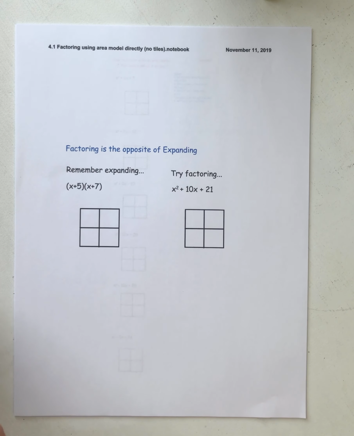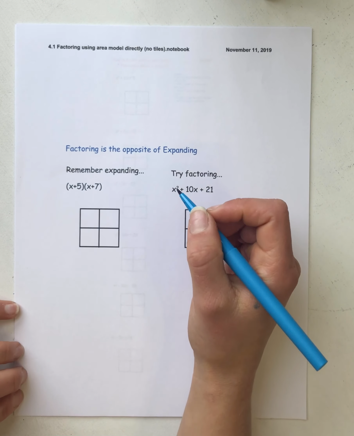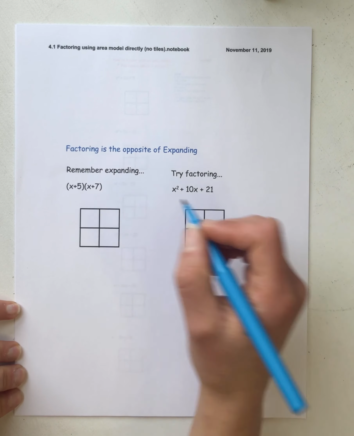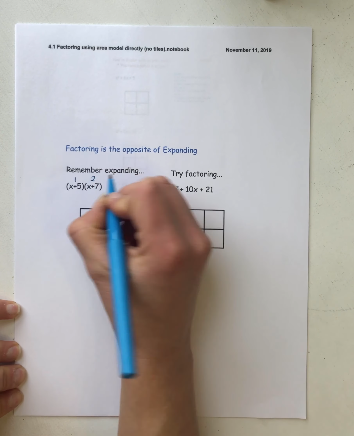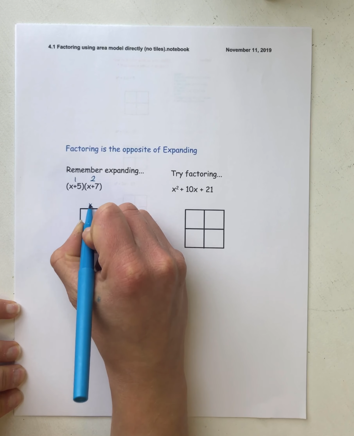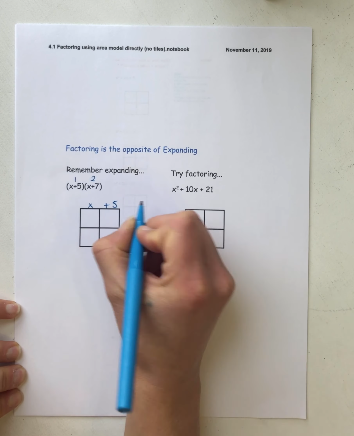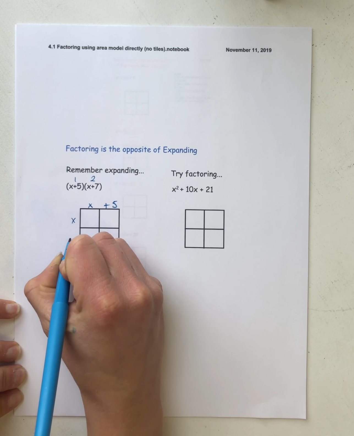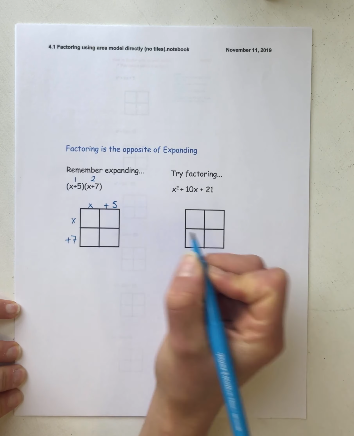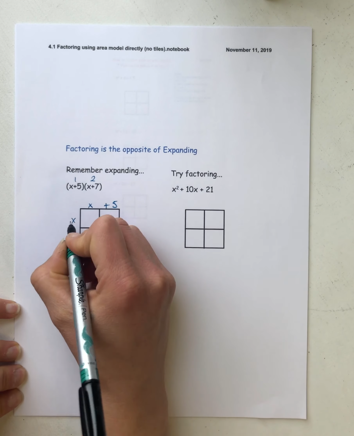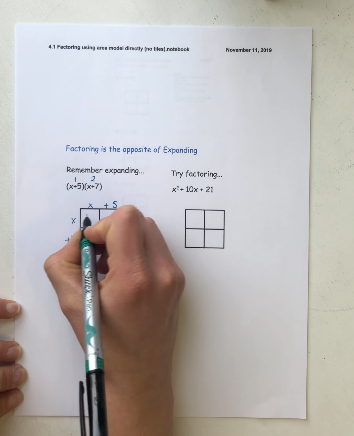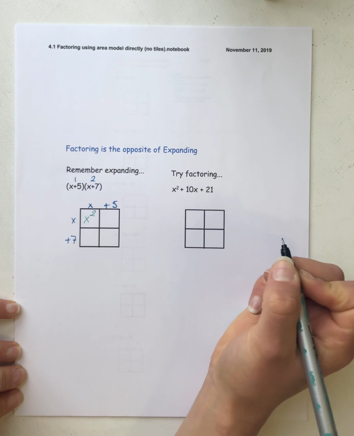So what we're going to do first is recall what we learned from yesterday. When it comes to expanding, we take a look at our brackets, right? And we label them 1 and 2. We put x plus 5 on the top, x plus 7 on the side, and then we do x times x for our first box, which gives us x squared.